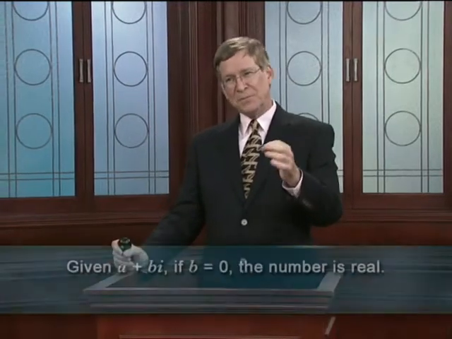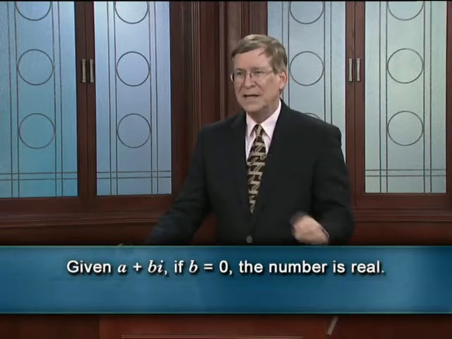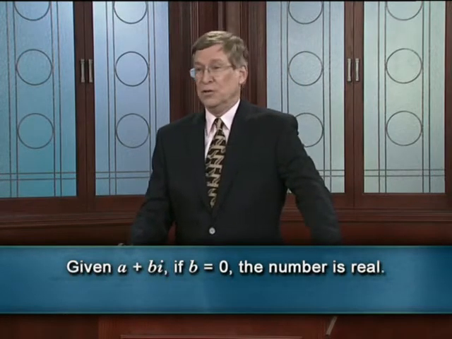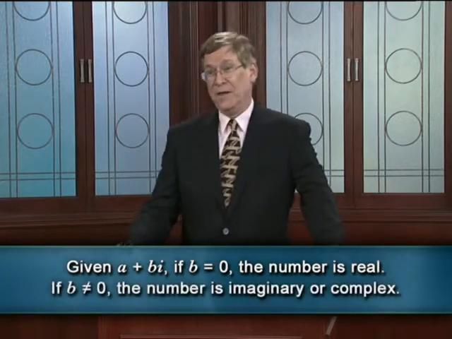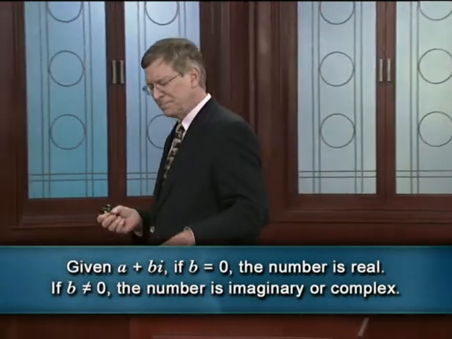In particular, given a plus bi, if b is 0, then the number is real. a plus bi would just be a. And if b is not 0, then the number is an imaginary number or a complex number. So you see that the set of real numbers is a subset of this larger set of complex numbers.